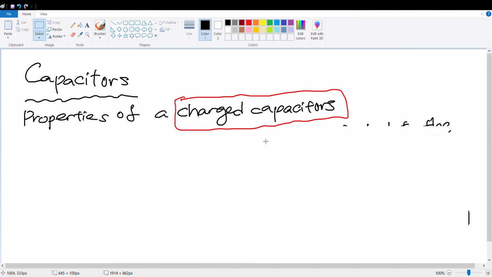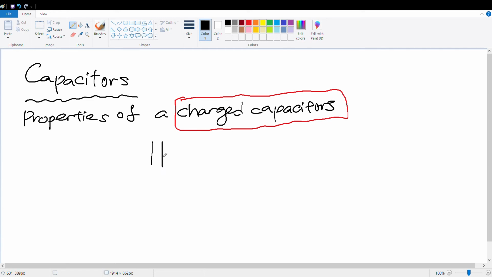Alright, let me just erase this one. Okay, since the capacitor is attached to the power supply, this is the symbol of the capacitor. When it is attached to the power supply, there's a wire attached between the battery and the capacitor.